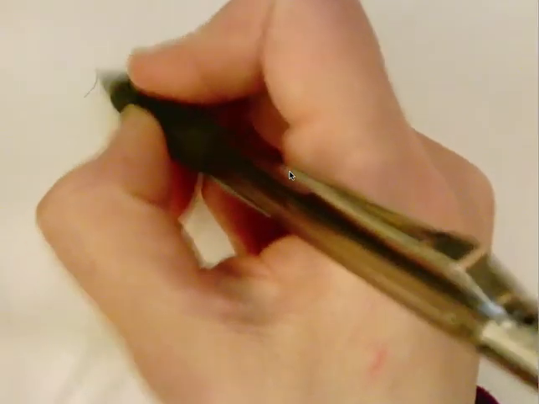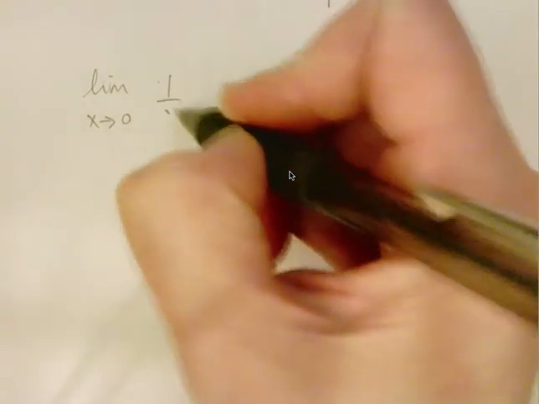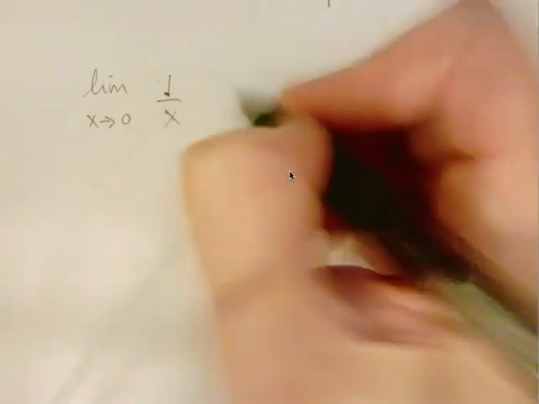On the other hand, let's look at the limit as x approaches 0 of 1 over x. Now, you know what 1 over x looks like. It is this function.